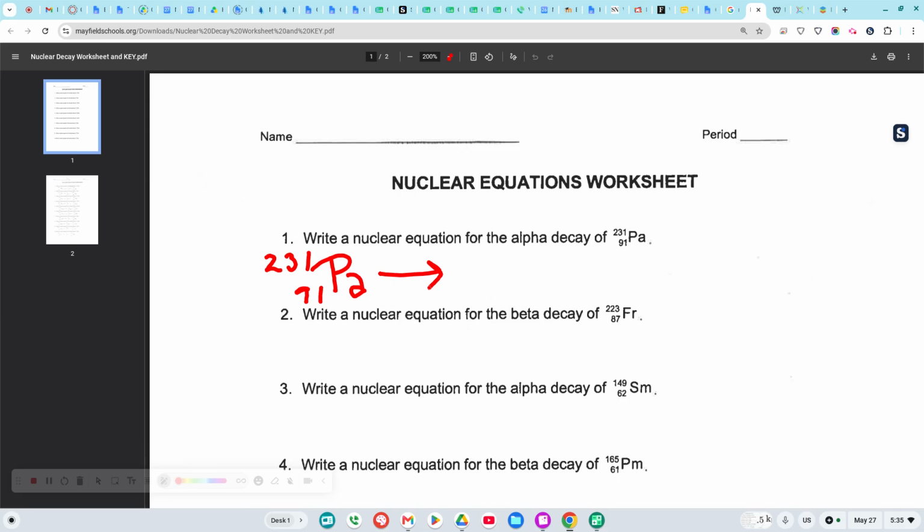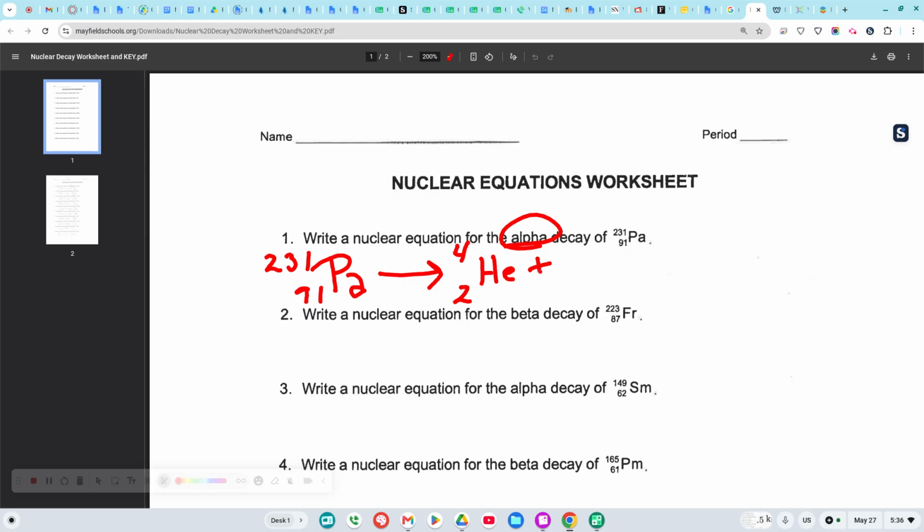We know that an alpha particle is basically a helium nucleus. It has a mass of 4. Remember, the mass goes in the upper right-hand corner, and 2 protons, so a charge of 2.